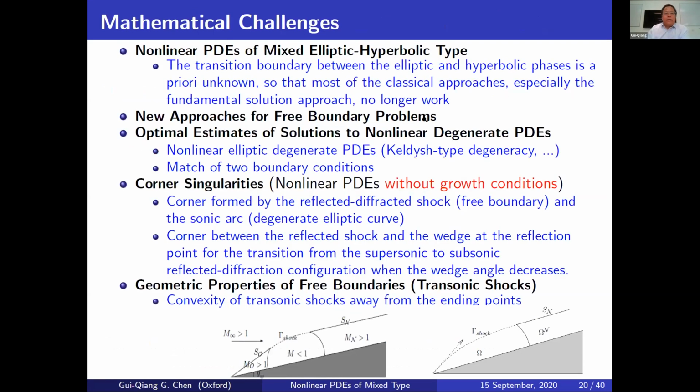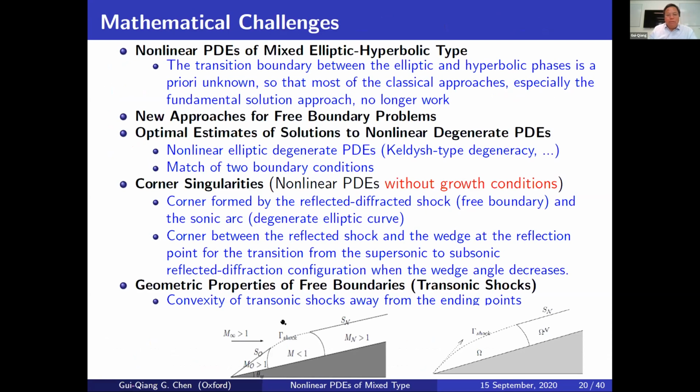So there are several difficulties here. Of course, one I already mentioned, the nonlinear PDE of mixed elliptic-hyperbolic type. And on the other hand, the free boundary. The free boundary now has to touch this elliptic region. If inside the elliptic region, we have to touch the degenerate curve, connecting the free boundary to a fixed point.